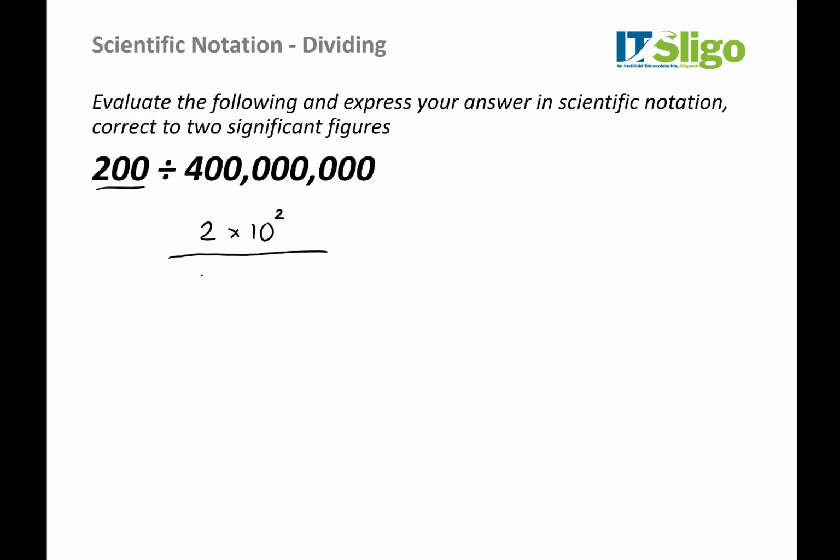On the bottom we have 4 by 10 to the power of 8. Numbers do what numbers do. 2 divided by 4 is a half. A half is 0.5. Here, guys, again, the powers, be careful. It's the top power minus the bottom power. 10 to the power of minus 6.